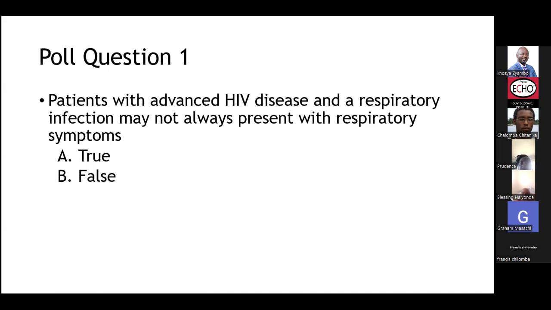Patients with advanced HIV disease and respiratory infection may not always present with respiratory symptoms. This is a true or false. Please click on your computer if you have access to one, and choose which one is the best answer.